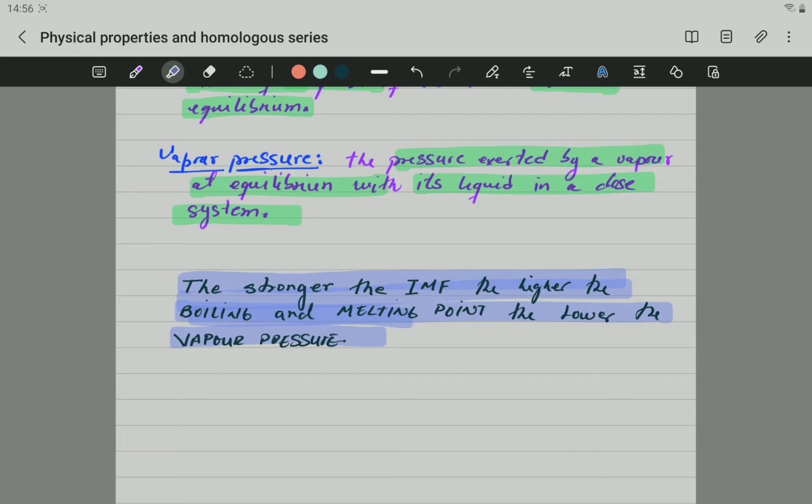Note, boiling and melting point is the opposite of vapor pressure. If the boiling and melting point is high, then the vapor pressure is low. If the boiling and melting point is low, then the vapor pressure is high.